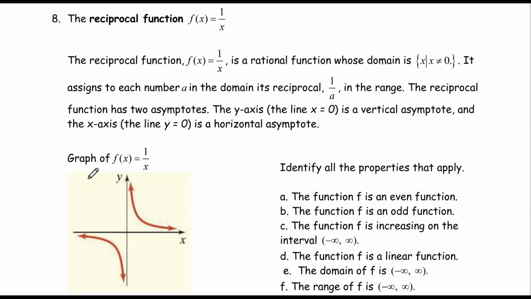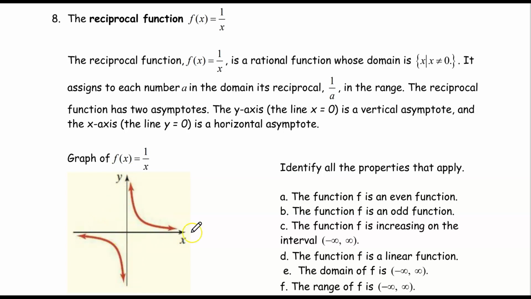The next basic function is called the reciprocal function. It is given by the expression f of x equal to 1 over x. Its graph looks like this. Now, as you notice, the graph here does not touch the y-axis nor the x-axis.